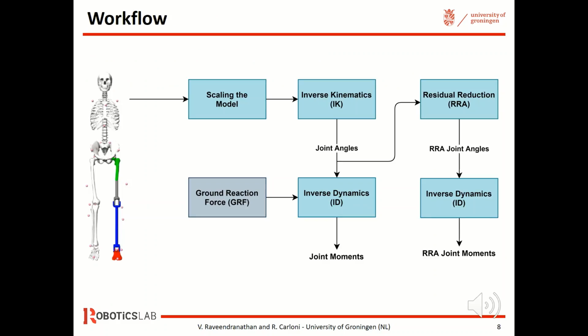34 virtual markers were placed on the OpenSim model with respect to the Vicon marker placement protocol for lower extremity gait. The model has been scaled and the mass distributed to the body segments with respect to the subject mass and static calibration marker positions.